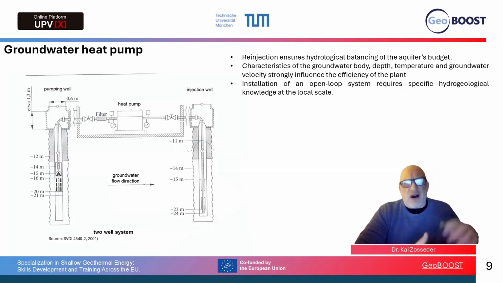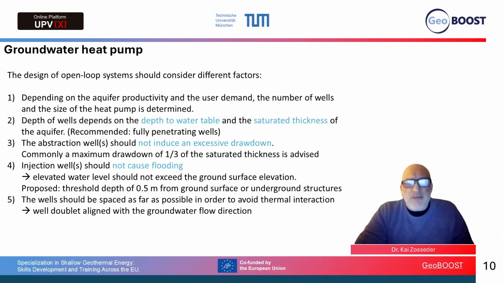If we have a high groundwater thickness, we can also pump out a lot more water. So we have to design our pumping well with consideration of the underground parameters, and also the injection well. It is necessary that we inject back all the water that we pumped out, of course.